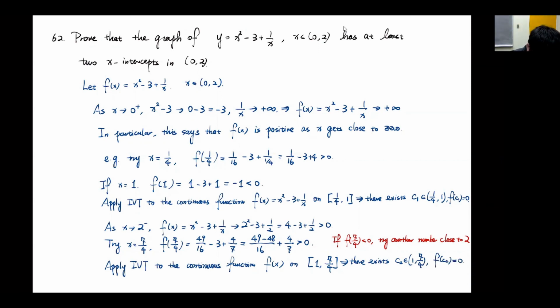So our conclusion is x equals C1 and x equals C2 are the two x-intercepts to the graph y equals f of x. All right, so that concludes the proof of this problem.